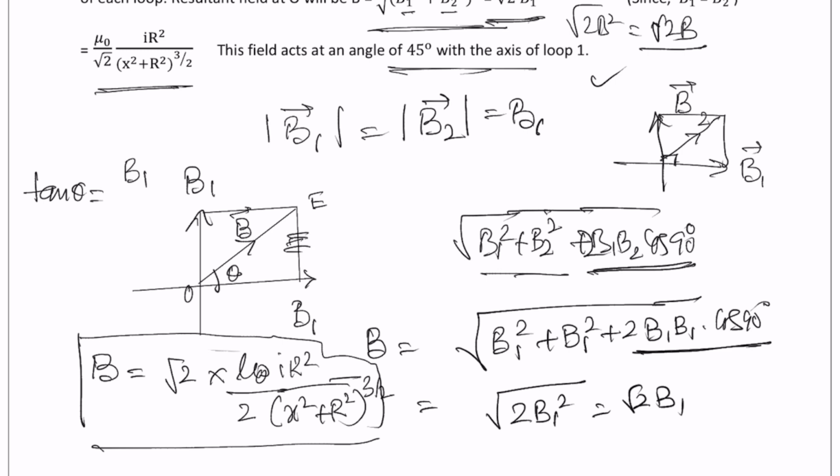Both the magnitudes are the same, so it is 45 degrees, correct? Tan theta is equal to 1, so theta is 45 degrees. So this resultant magnetic field will make 45 degrees with either of the axes, with this or with this, correct? So this gives the resultant.